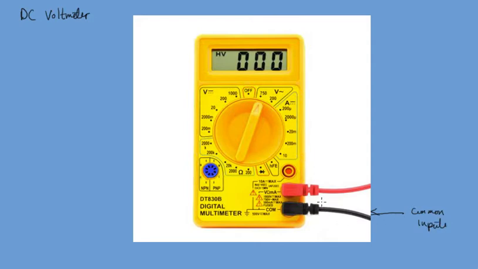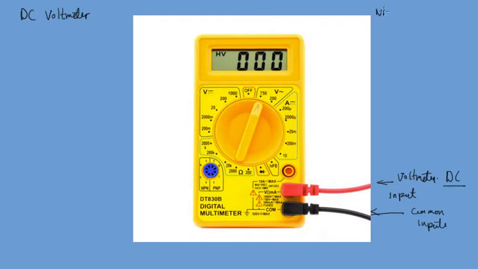And then for the DC voltmeter, you connect to the voltmeter input, which for this one would be here. This is the voltmeter DC input, make sure it's DC not AC.